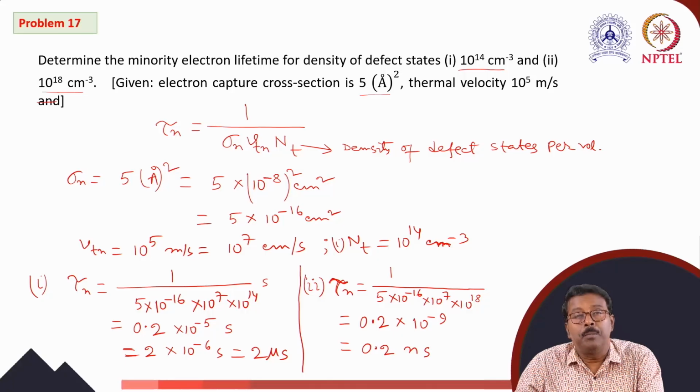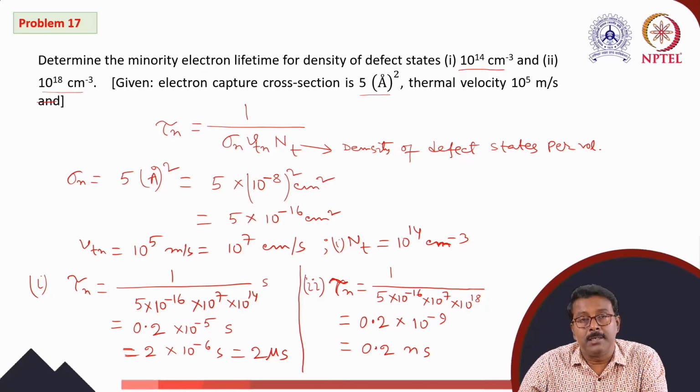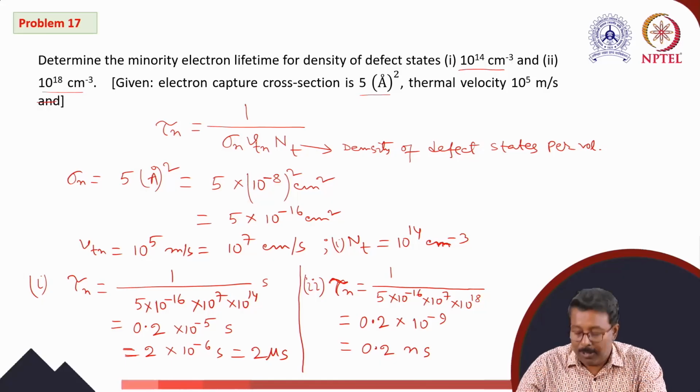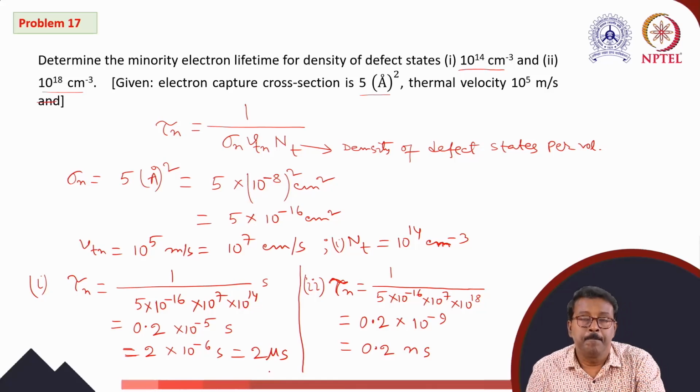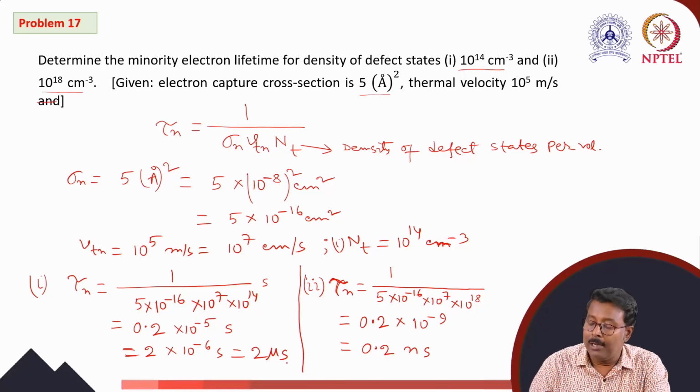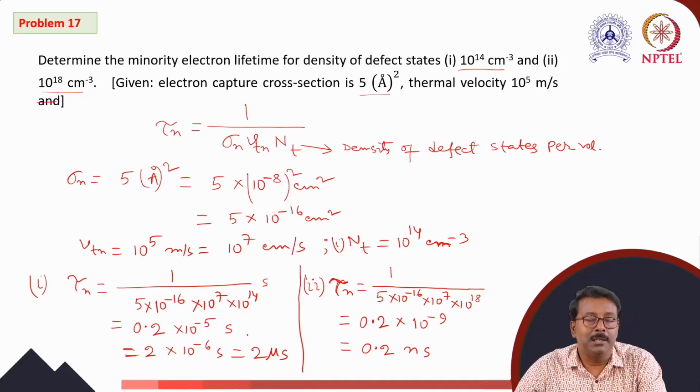Generally, in case of thin film solar cell or amorphous structure, defect density varies from 10 to the power 13 per centimeter cube to 10 to the power 18 per centimeter cube. 10 to the power 18 per centimeter cube means your developed film is of very poor quality. 10 to the power 13 is good, and for 10 to the power 14 it is coming 2 microsecond lifetime, and if we would use 10 to the power 13 it would be 20 microsecond in that case. Anyway, that would be better than this.